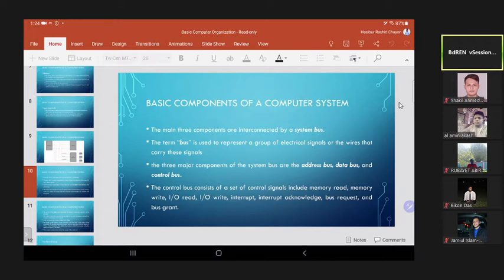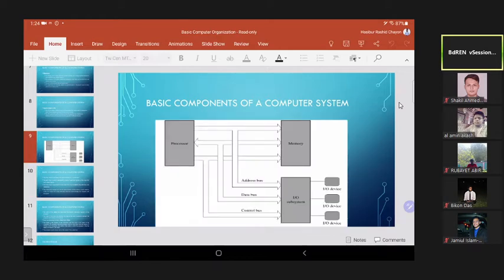These are special types of signals by which we can do different tasks. All right, so this is the overall summary of the system bus, where we have address bus, data bus, and control bus. Fine?